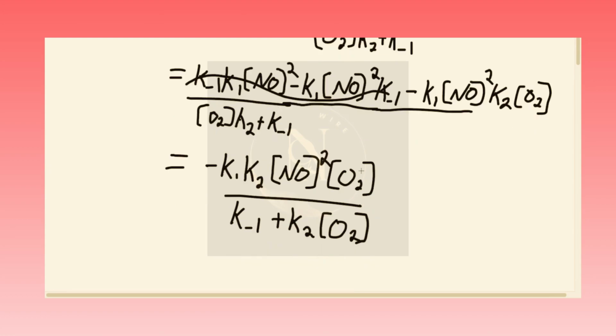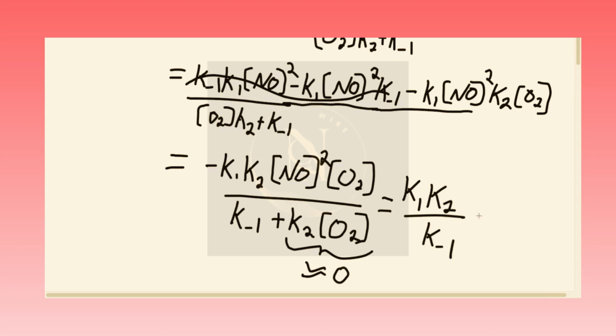So thus, we see that it is related to the original rate law, which we completely expected, which is k₁k₂, and we can approximate that this value is going to be very, very small. So we can approximate that down to 0, and from there we get our k₁k₂ over k₋₁ times [NO]²[O2]. Of course, that is entirely negative.